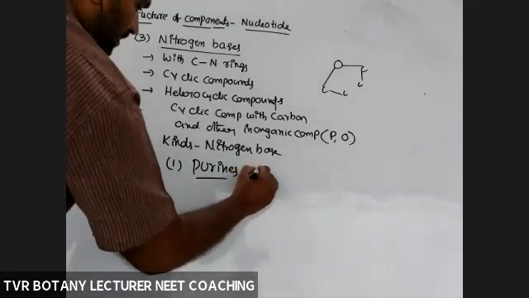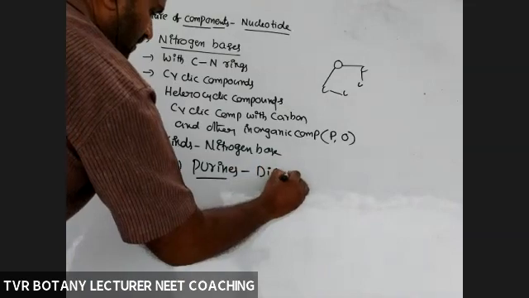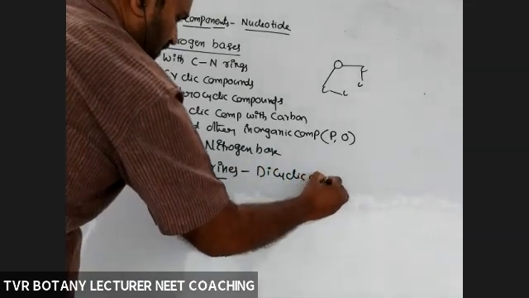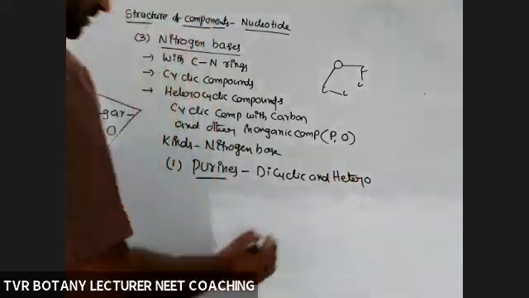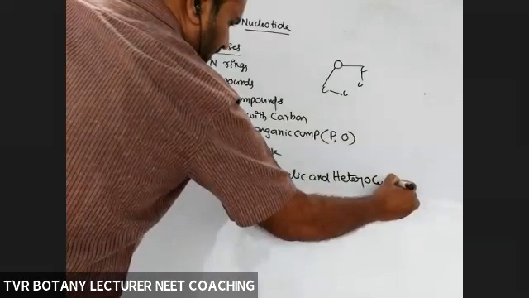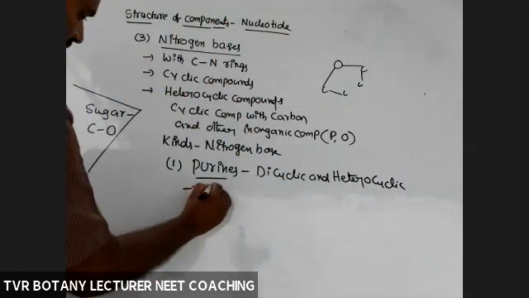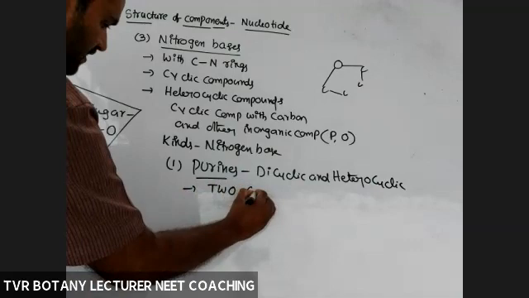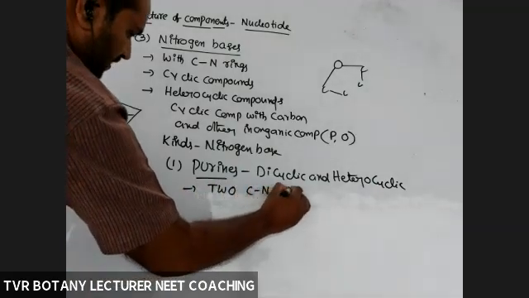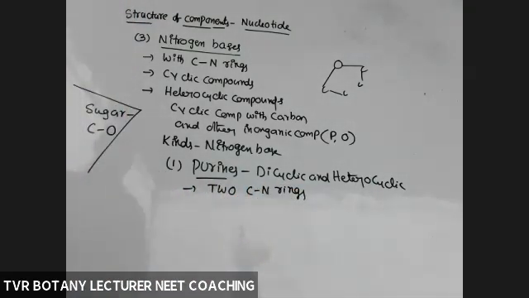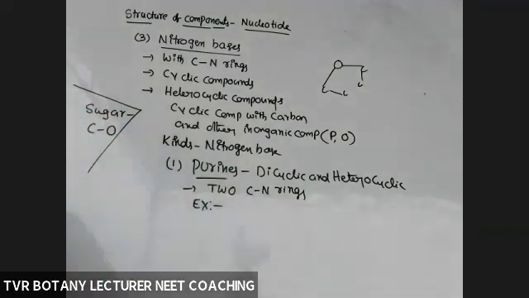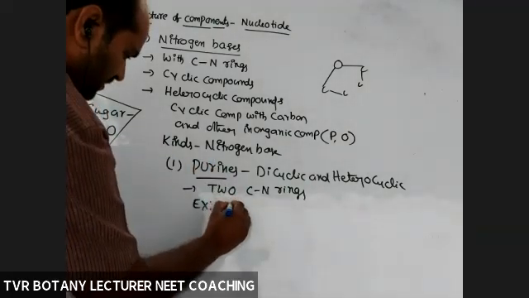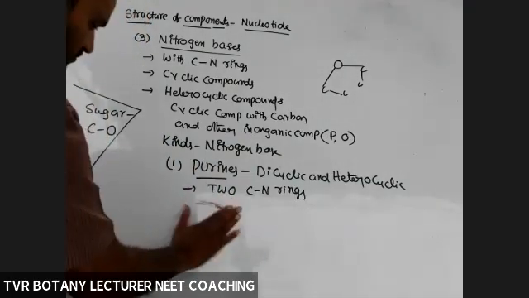Purines are dicyclic and heterocyclic compounds, so they are with two C-N rings. We will see the structure, just the first description. With two C-N rings. What are the examples? Purines are of two kinds.